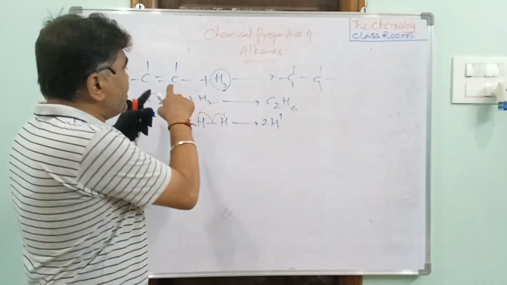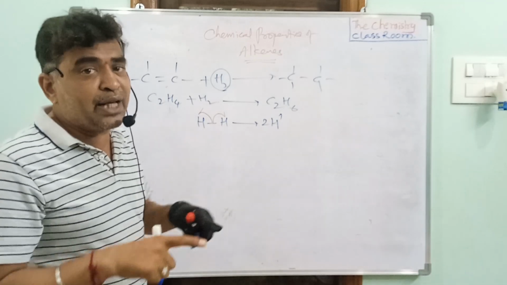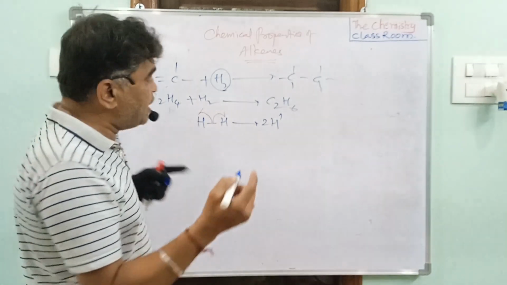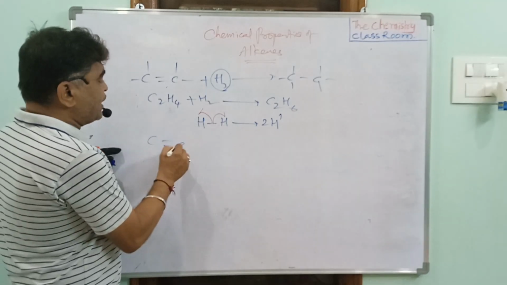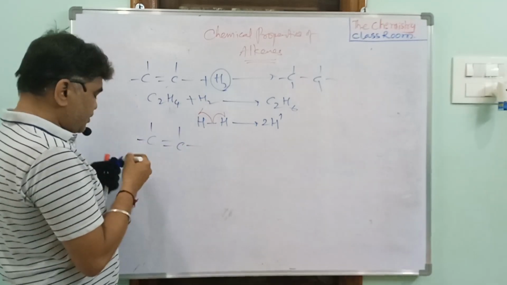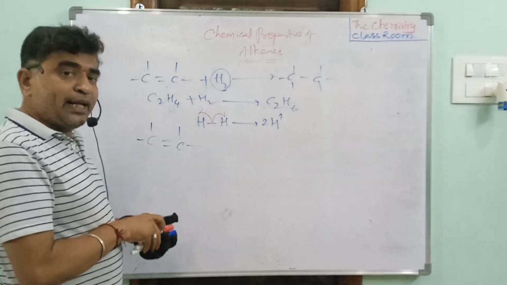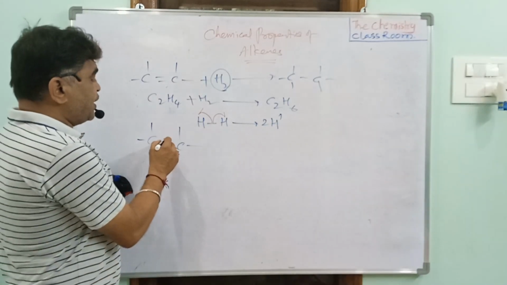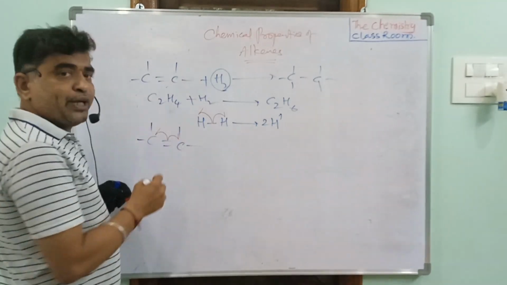Homolytic only. So here also the pi bond is cleaved homolytically, and we form free radicals. You see this bond cleaved homolytically, because the free radicals are reacting.